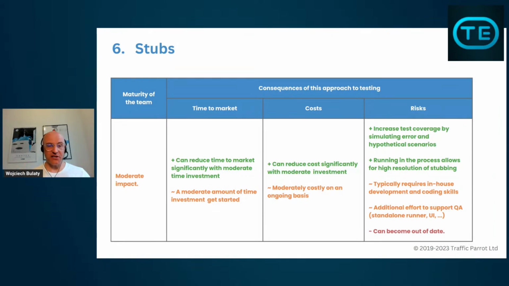Sometimes it might not be needed just because the services that you stub are very stable. For example, third-party APIs that have been around on the market for a long time are typically quite stable and nothing changes on their side. So creating a stub there and capturing that behavior might mean the stub's going to be good for a while.